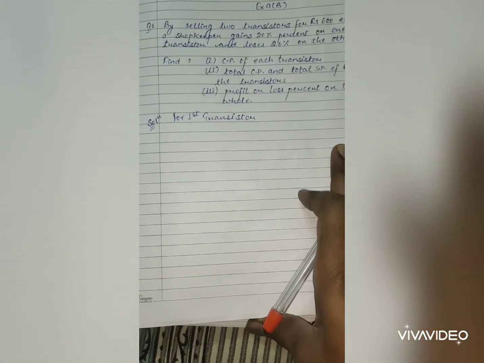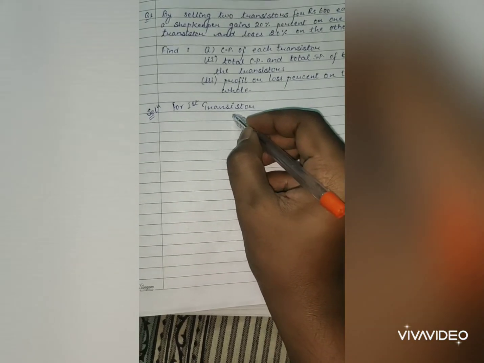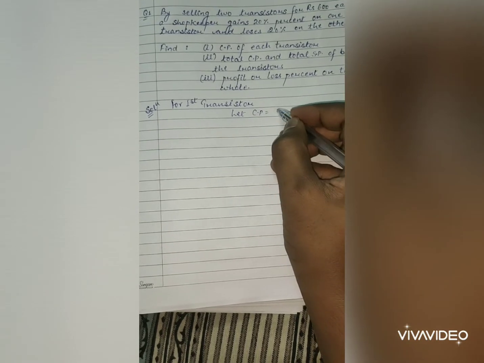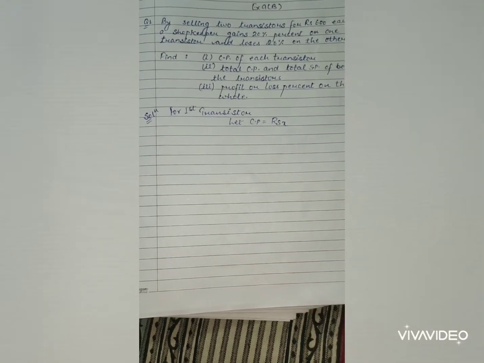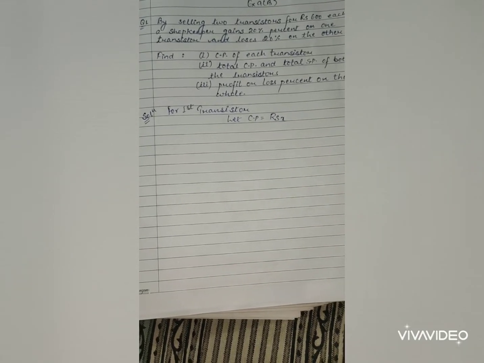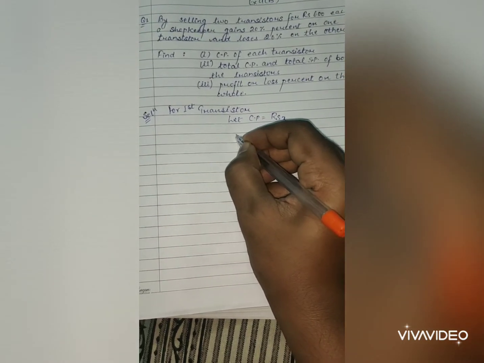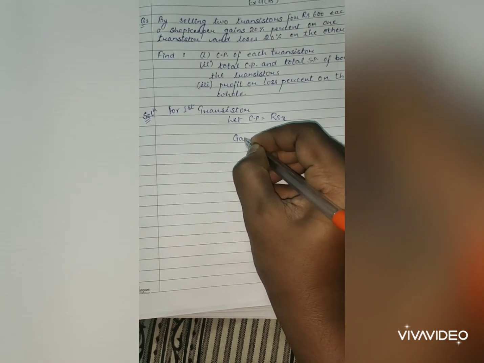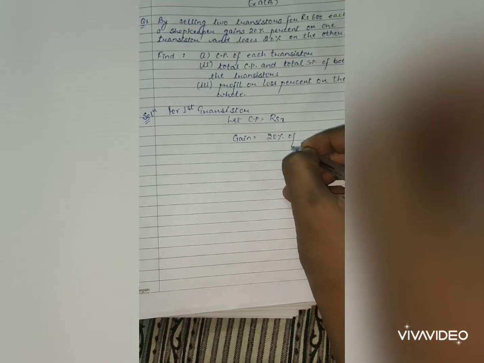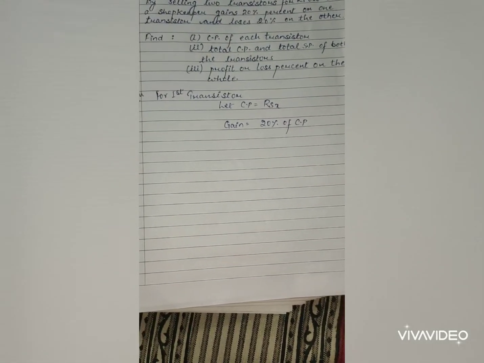So in the solution we will see for the first transistor. Let Cp be equal to rupees X, because we have to find it out. On the first one there is a gain of how much percent? 20% of Cp, means the gain will definitely be on Cp only.